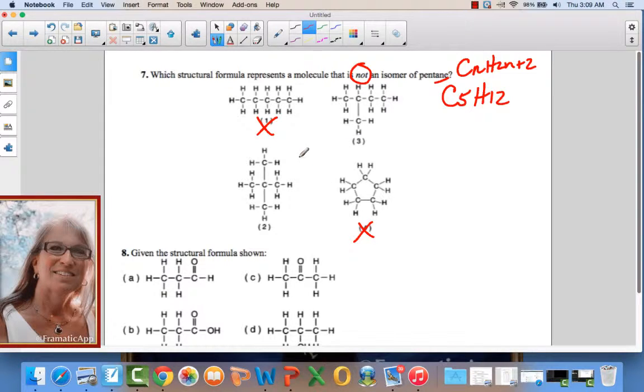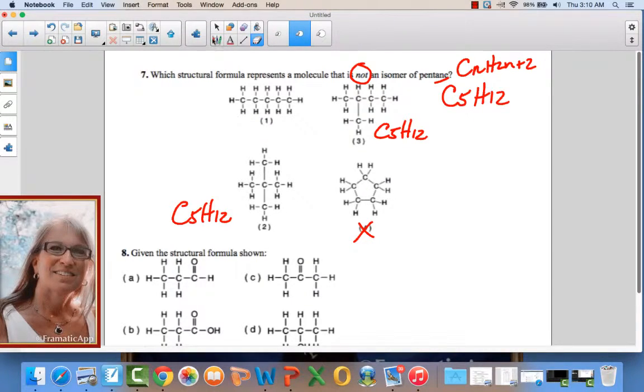So let's see. Oh, I'm sorry, I just made a mistake. That's alright. It's getting late. This actually is an isomer because it's just a straight chain.